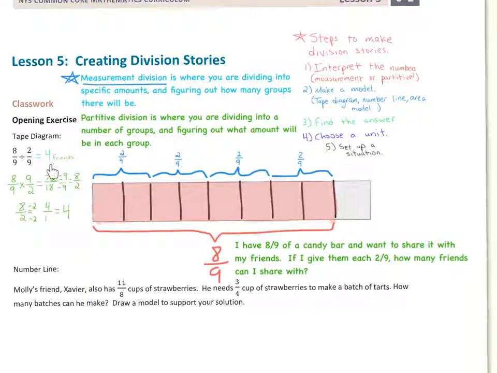And now I've written my unit. 8/9, of course, would have been candy bars. 2/9 would also be candy bar pieces. So my final unit is friends, and I have gone through steps 1 through 5. I've written a great story, I've drawn a great model, and I've even done some extra math to prove it. So this is how we create division stories.